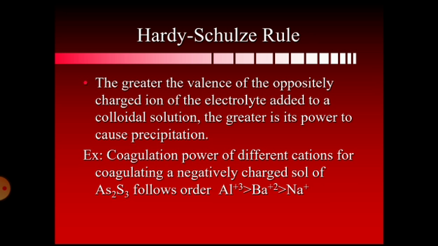For example, coagulation power of different cations for coagulating a negatively charged sol of As2S3 follows the order Al3+ greater than Ba2+ greater than Na+. So the coagulating power is maximum, or it becomes fast, when we use Al3+ ion.